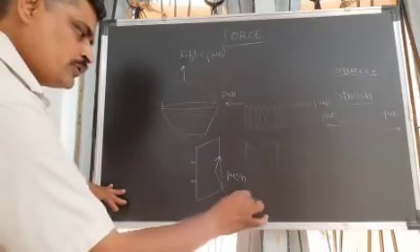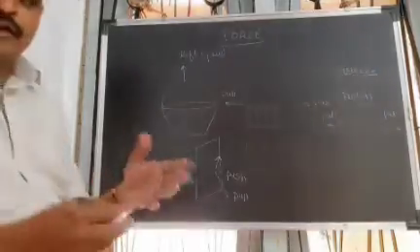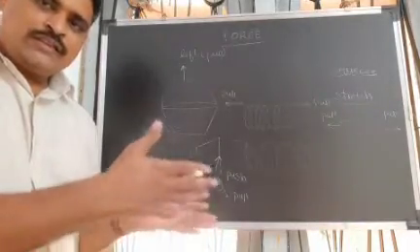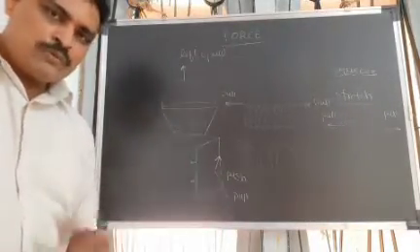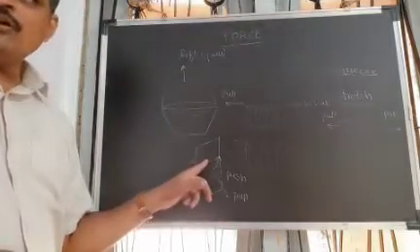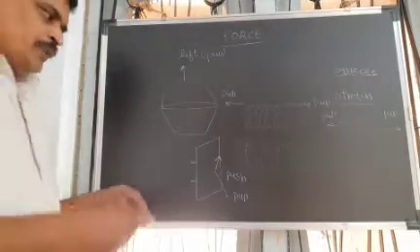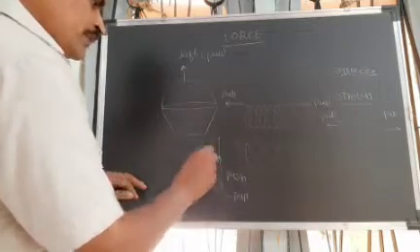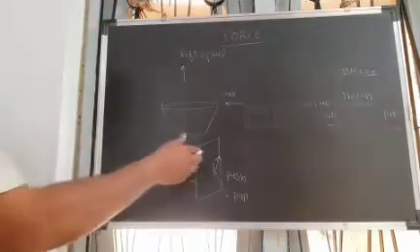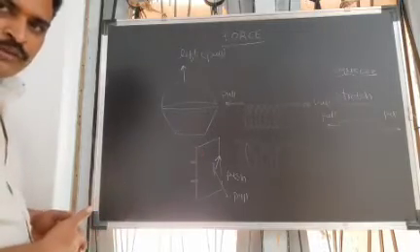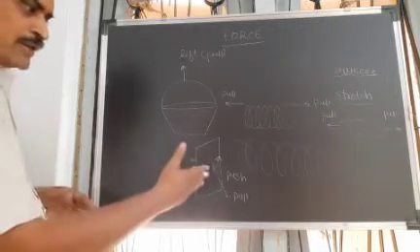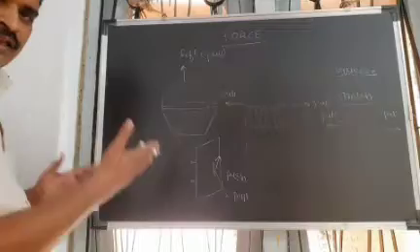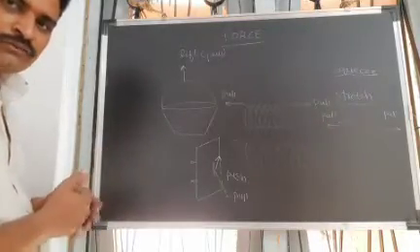Whenever we go into a showroom, there are two possibilities, either pull or push, with the help of a handle. By pushing or pulling we can open the door. So pulling or pushing is the essence of force.